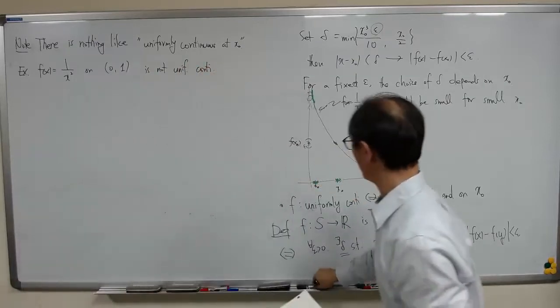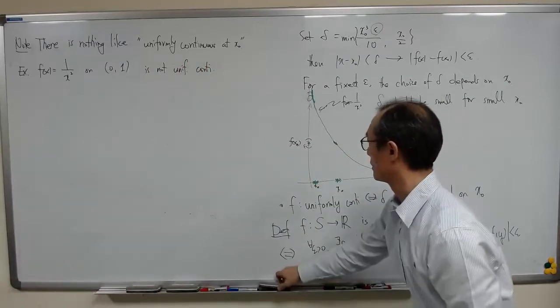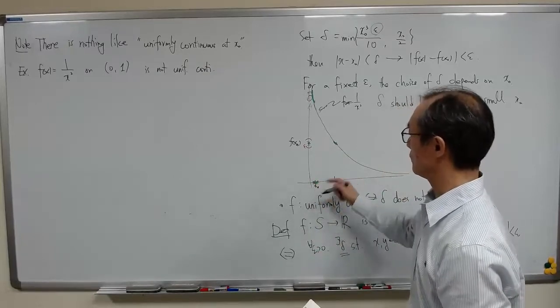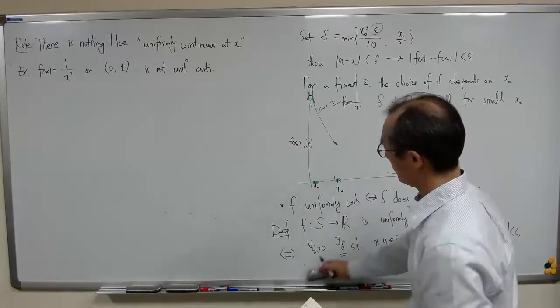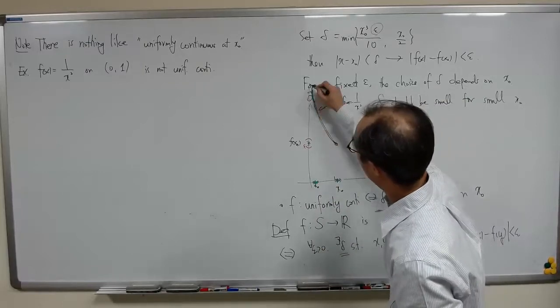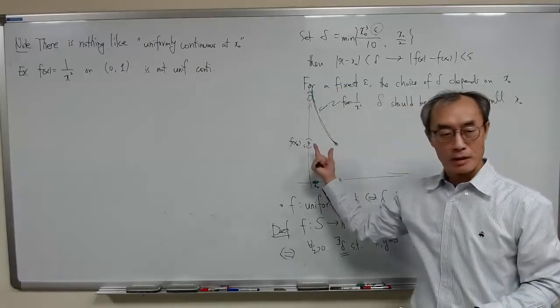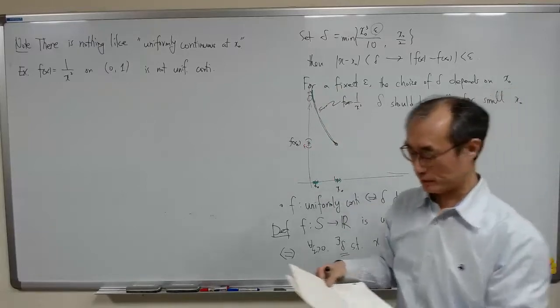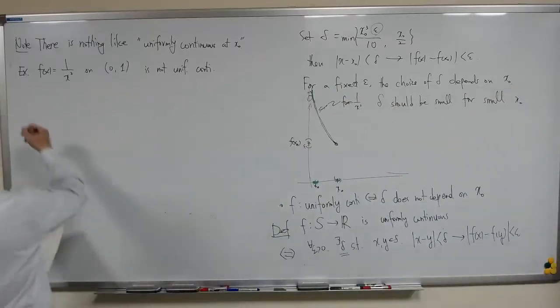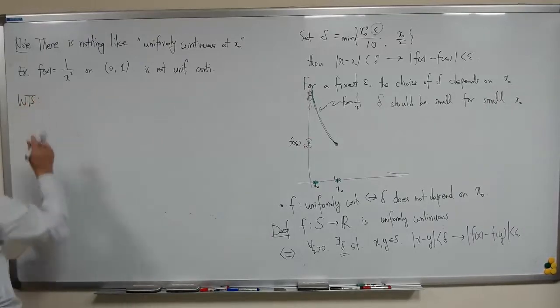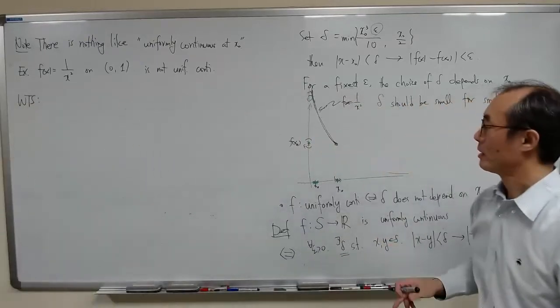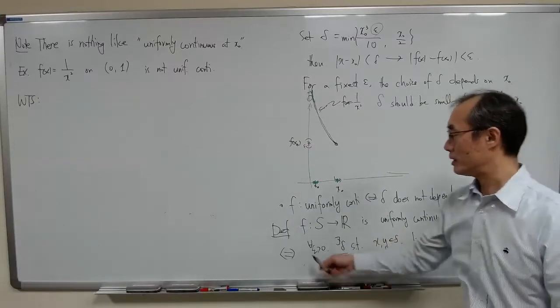The graph of the function from 0 to 1 is this part. This function is not uniformly continuous. How can you verify this property?